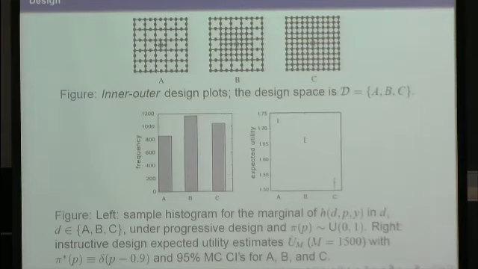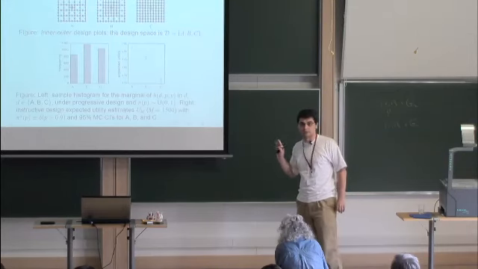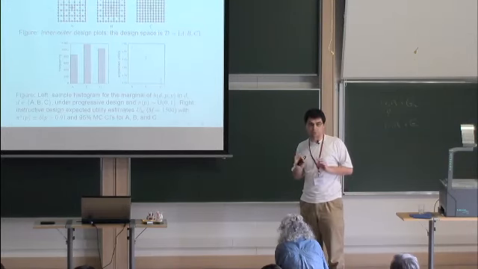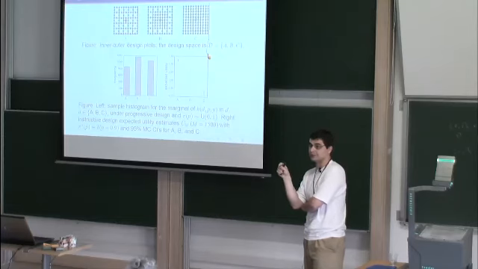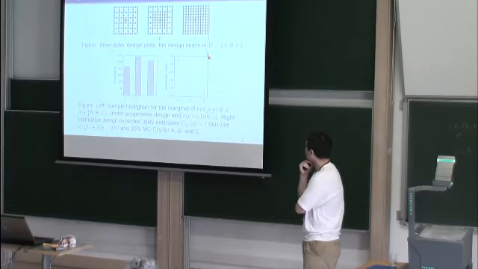Let's concentrate on the figure from left and ignore the figure on the right because it corresponds to a scenario that I didn't describe. So in the figure on the left, we see a histogram for the marginal of the augmented density of that H, which is proportional to the integrand from the expected utility.